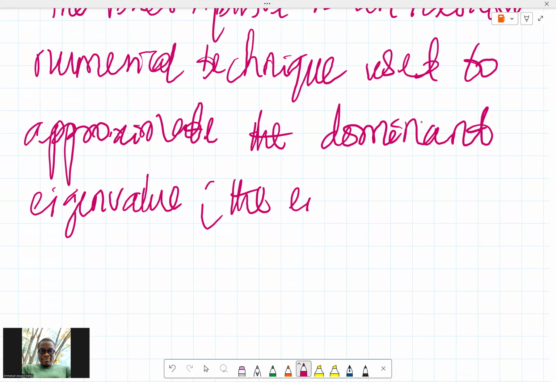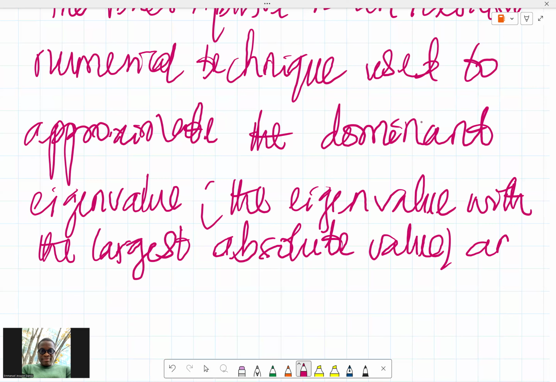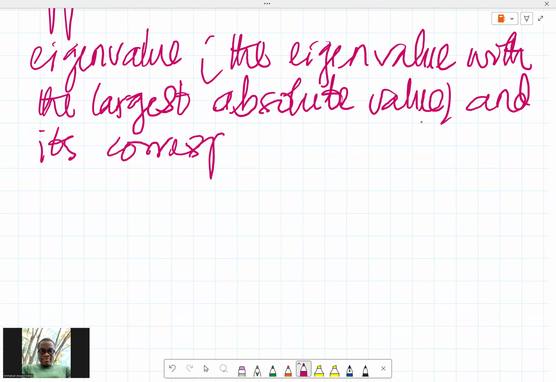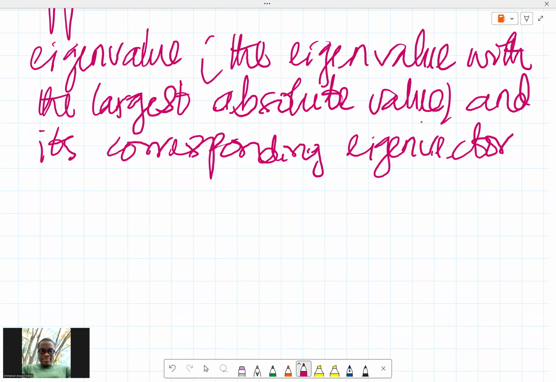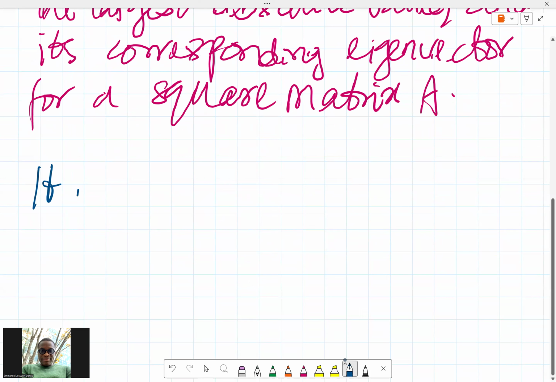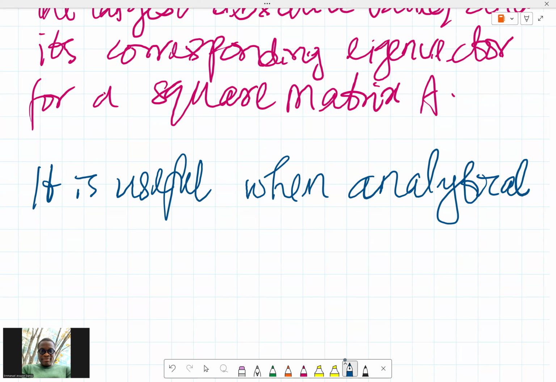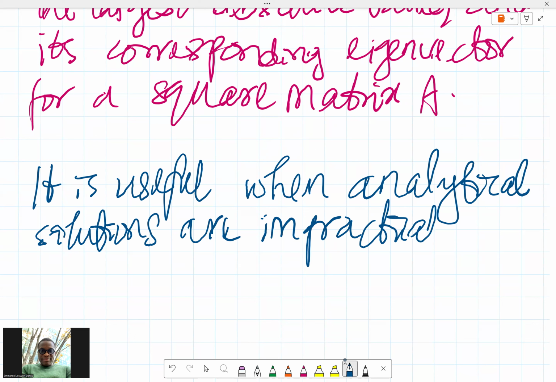The dominant eigenvalue is the eigenvalue with the largest absolute value, and its corresponding eigenvector, for a square matrix A. It is useful when analytical solutions are impractical for large matrices.